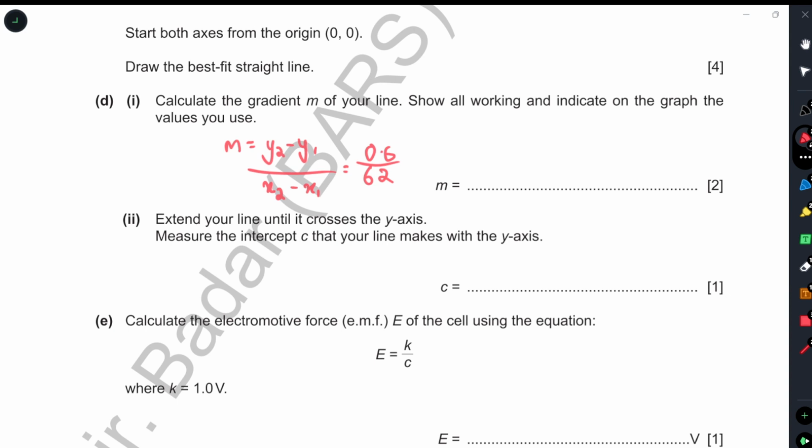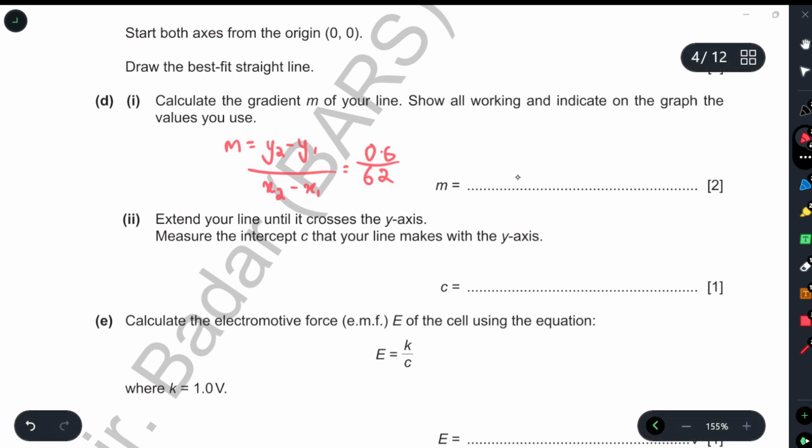If I'm not wrong, it should be somewhere in the vicinity of 0.96 or 7. So 0.6 divided by 62. So 0.00967, 0.0097 कर देते हैं इसको.